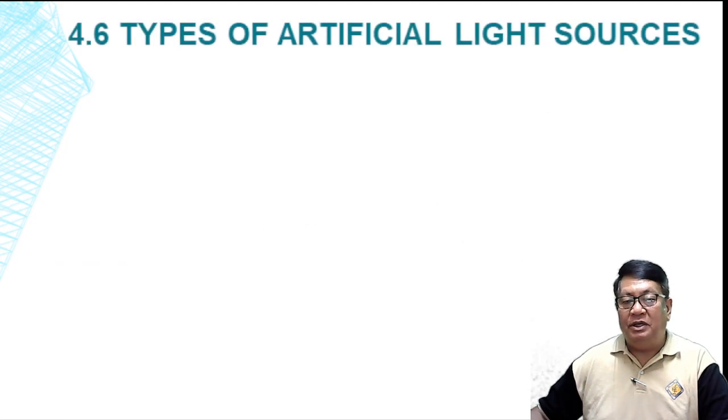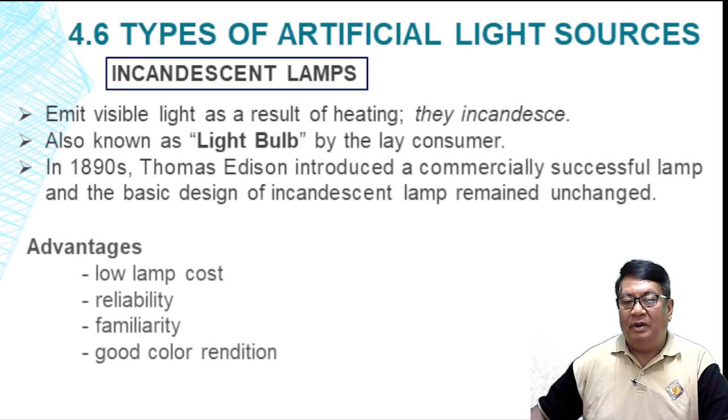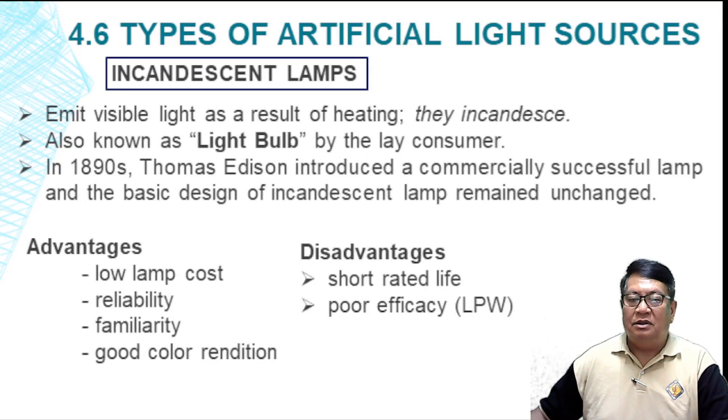So we have these 4.6 types of artificial light sources. What are these artificial light sources? We have the incandescent lamps. We heard about this one already. It was introduced by Thomas Edison in the 1890s, when he successfully introduced the basic design of this lamp and light bulb, the incandescent lamp, as we said.